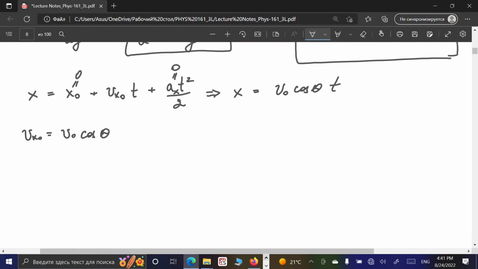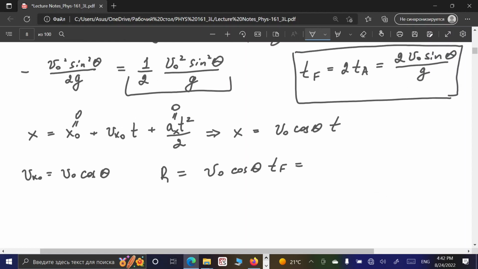So we can write that R, the length of the trajectory along axis x, will be equal to v naught, the magnitude of the initial velocity vector, times cosine theta times tf. And we know that tf is given by this equation, so we can substitute it here.